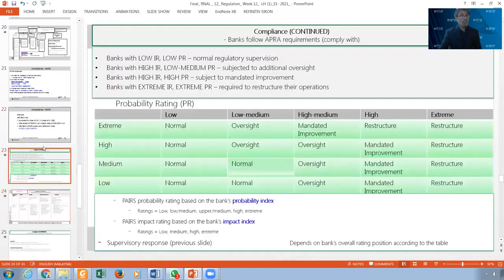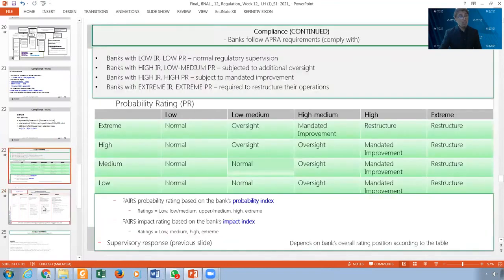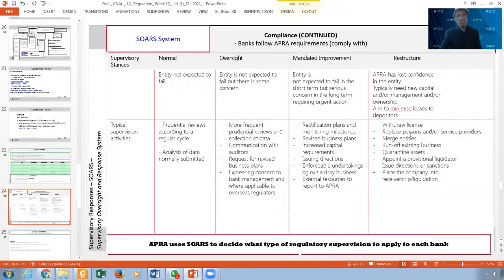So this is actually the process between the source and the pairs system, and this is a very excellent system for compliance, because it is compliance and it is also enforcement. So this is the action of enforcement.